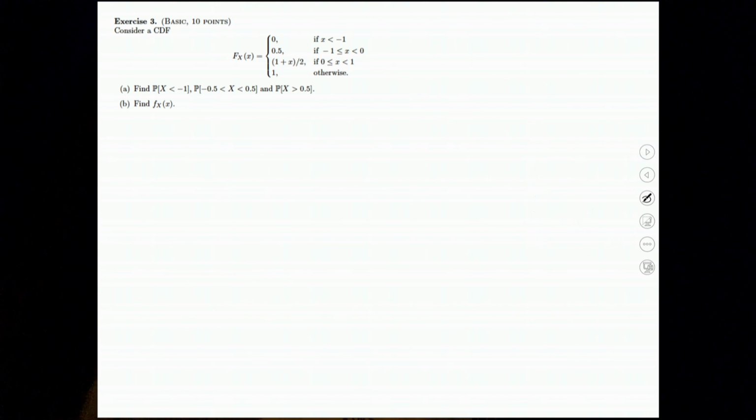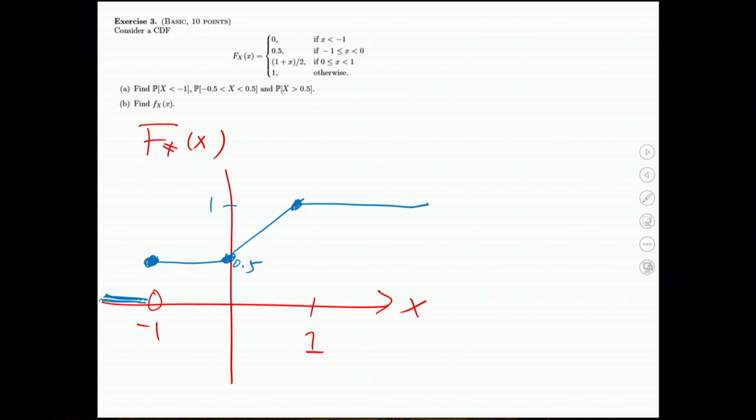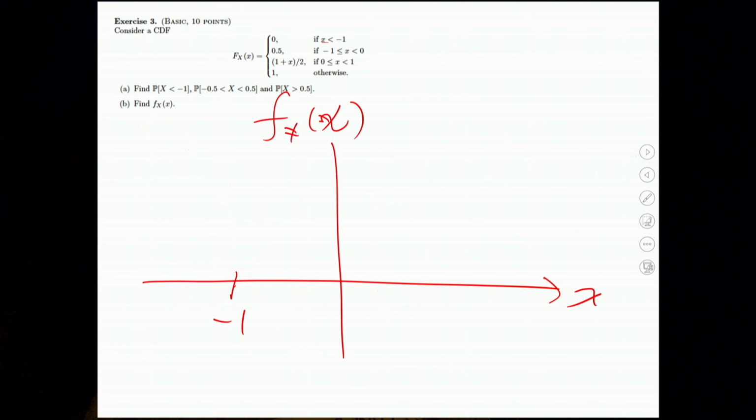How about the PDF? If x is less than minus 1, we know it's still 0. But at this point, it's not continuous, so I will have a jump of 0.5.